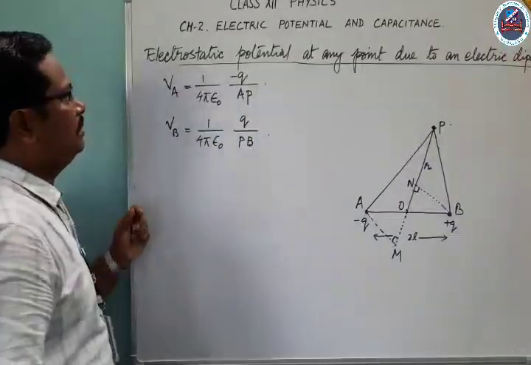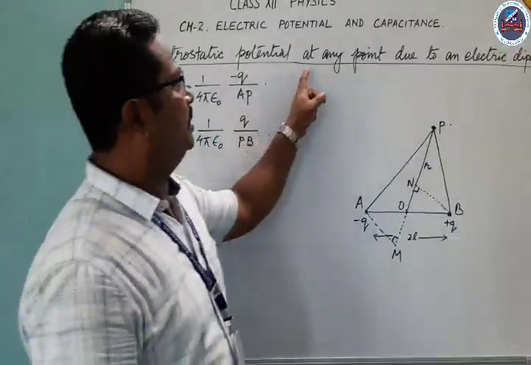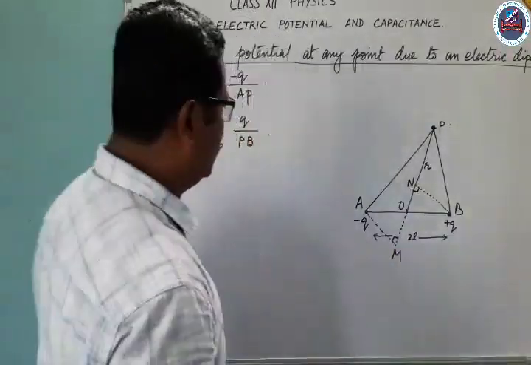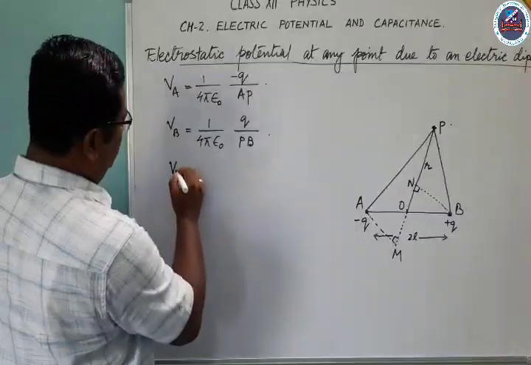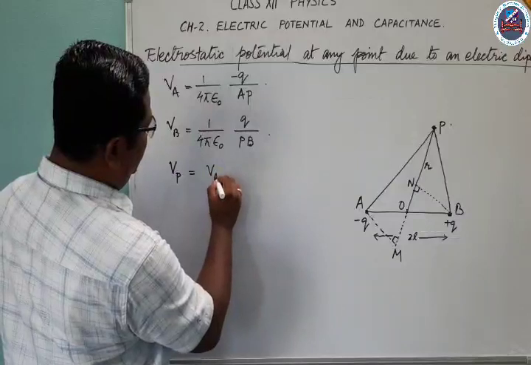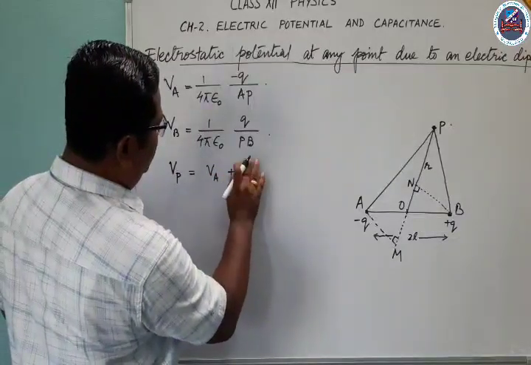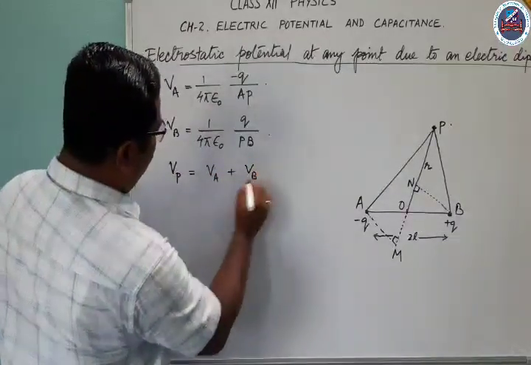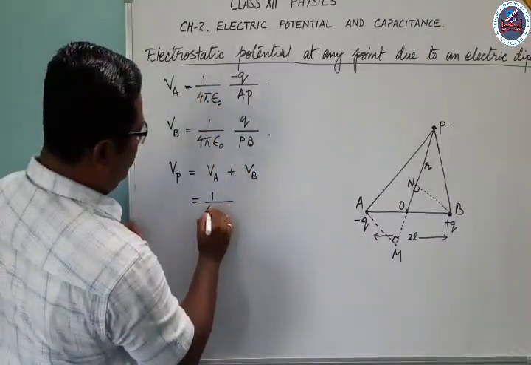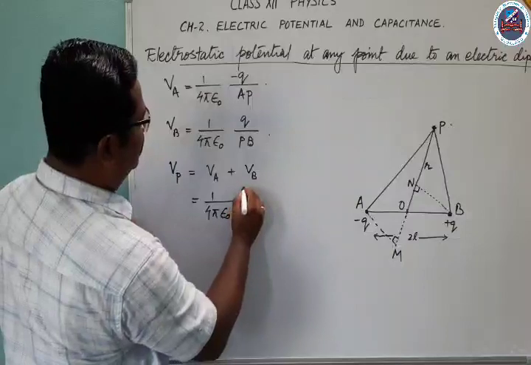So according to the system of charges, here we have two charges, plus Q and minus Q. The net potential at P will be the sum of VA and VB. 1 by 4 pi epsilon naught is a constant term.